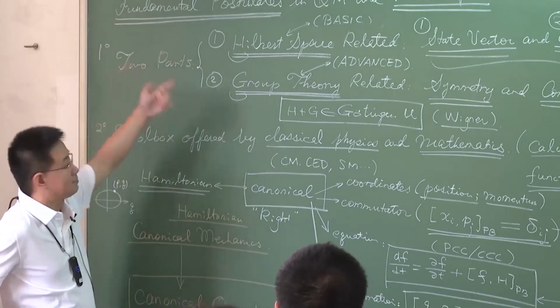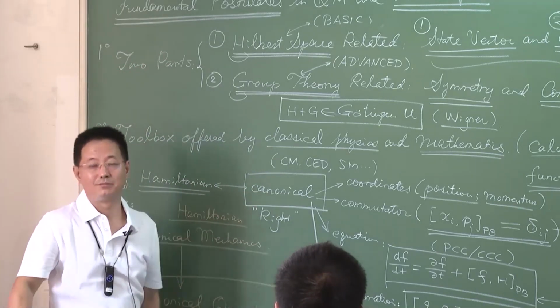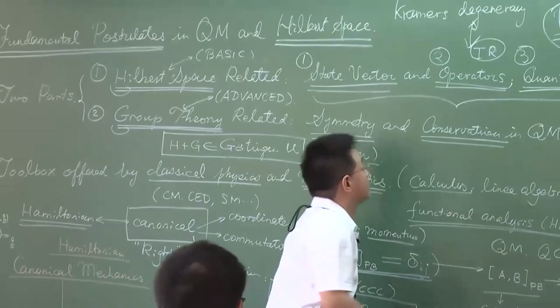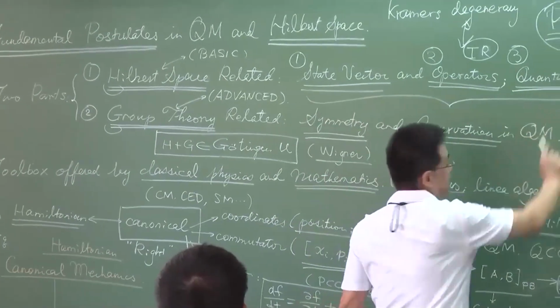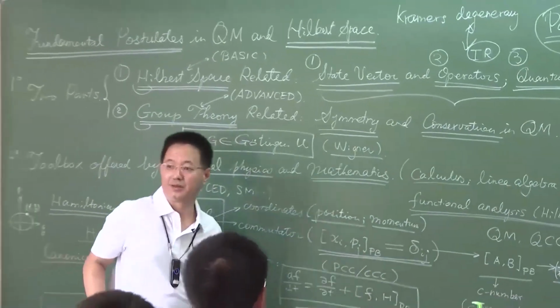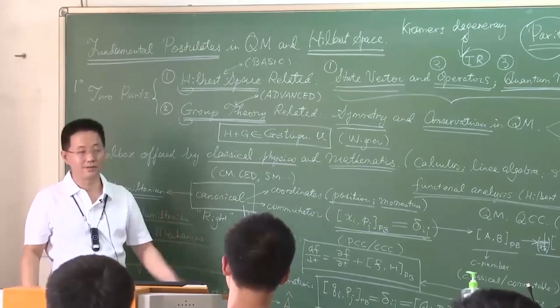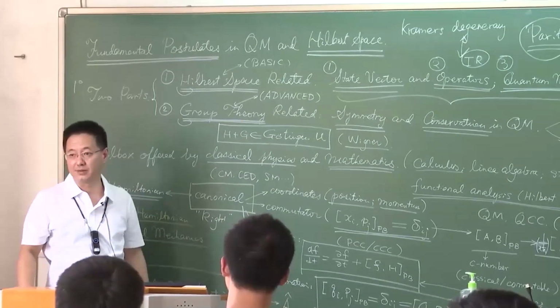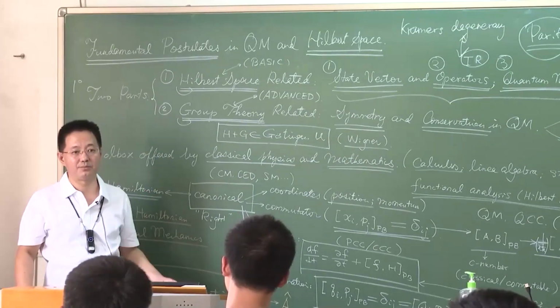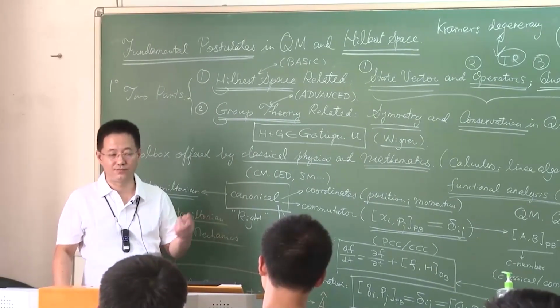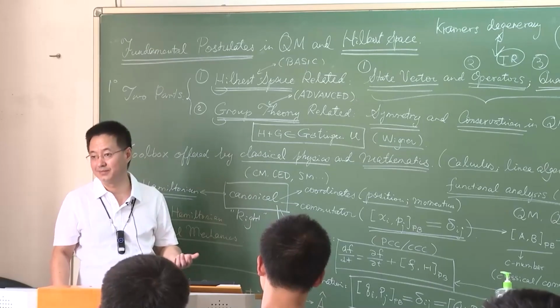We have 5 fundamental postulates. But von Neumann and Dirac proposed the first 3 at the very beginning: the state postulate, the operator postulate, and the measurement postulate. That was proposed by Dirac in 1930, and proposed very rigorously by von Neumann in 1932.